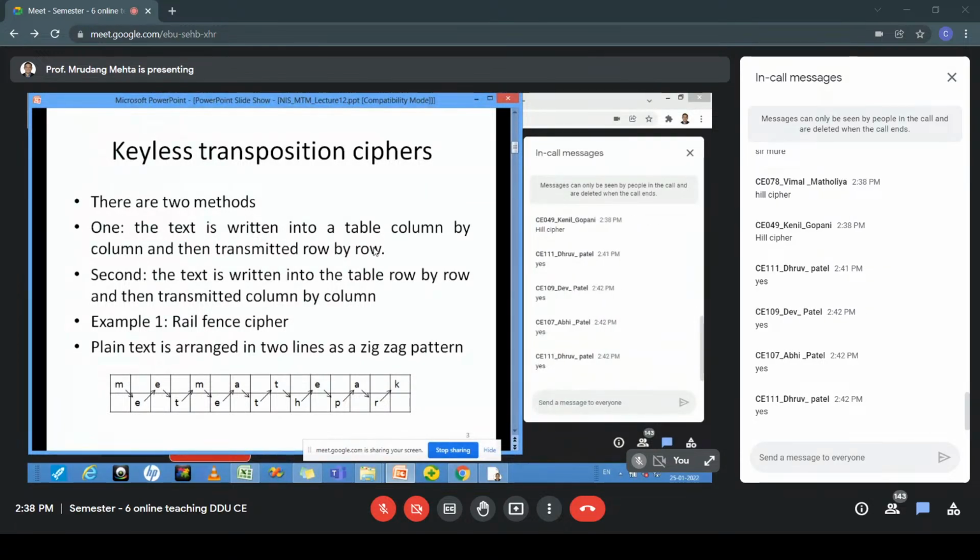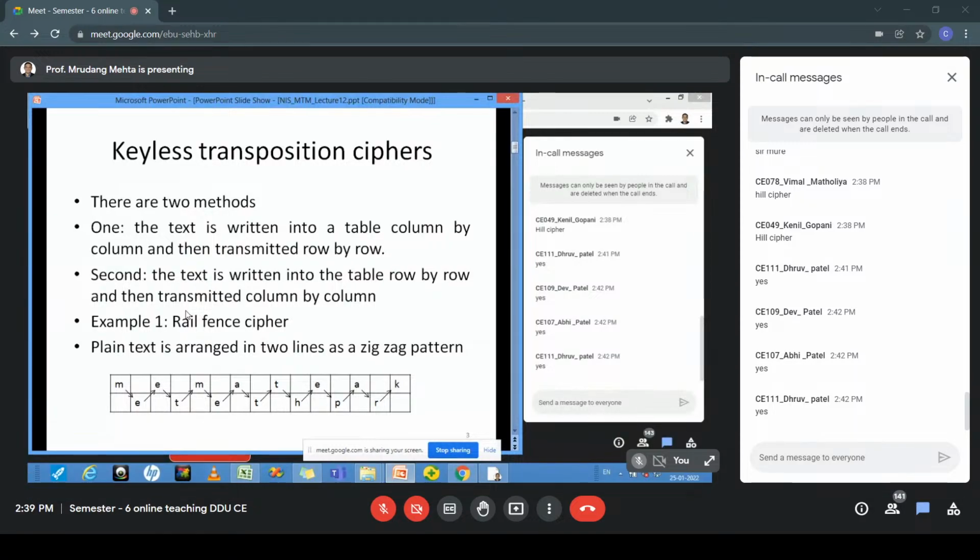Okay, so first, let us consider this example. This example is the rail fence cipher. In this example, plain text is arranged in two lines in a zigzag pattern. The first character is written in the first position of the first line and the second character is written in the second position of the second line.